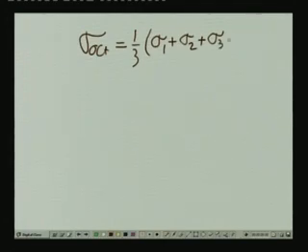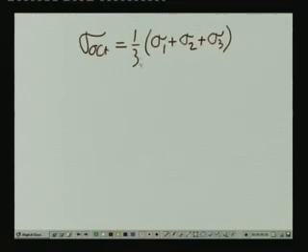We had defined the octahedral planes as the planes which are equally inclined with the principal axis reference system, and thereby the stresses which are acting are sigma 1, sigma 2, sigma 3 in the rectangular stress system. The octahedral normal stress, as we had defined, is 1/3 of sigma 1 plus sigma 2 plus sigma 3, which is the summation of the normal stresses in the 3-dimensional stress system, and we call this the first invariant.